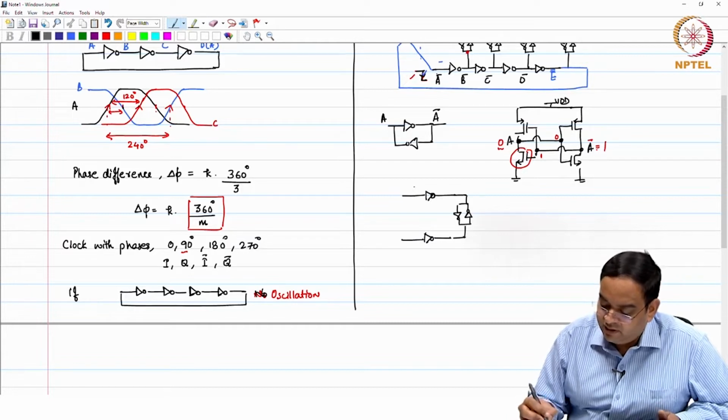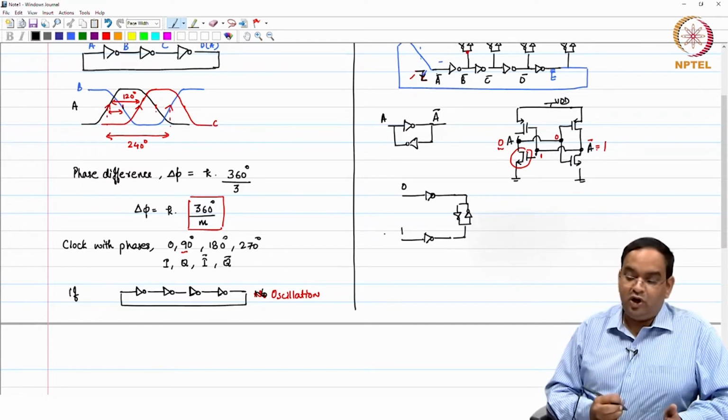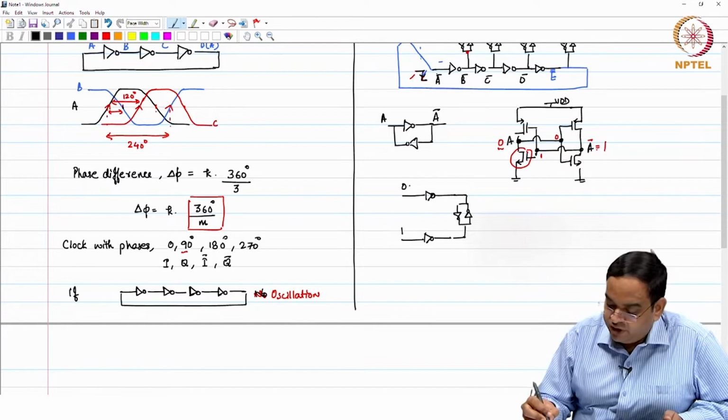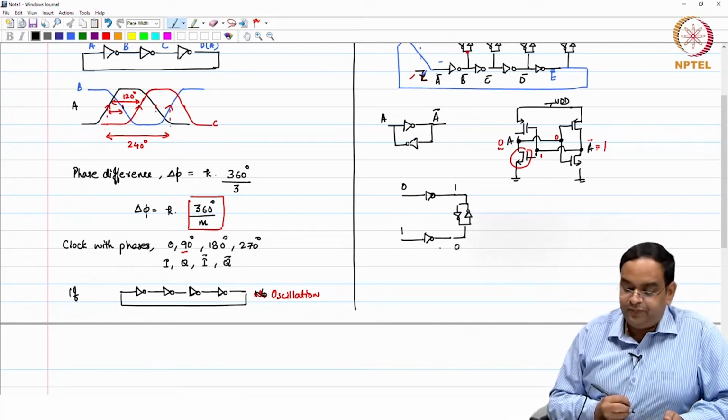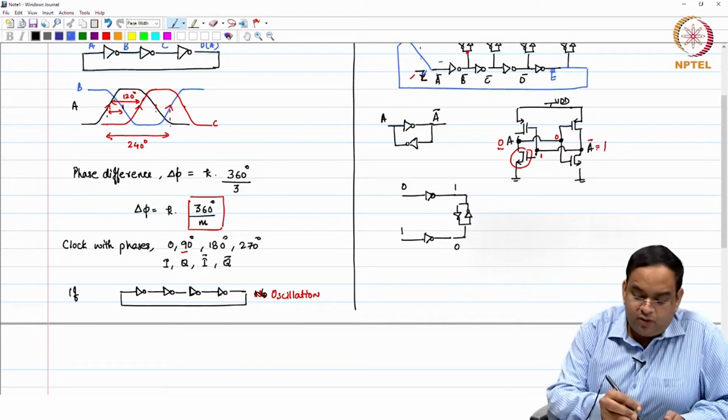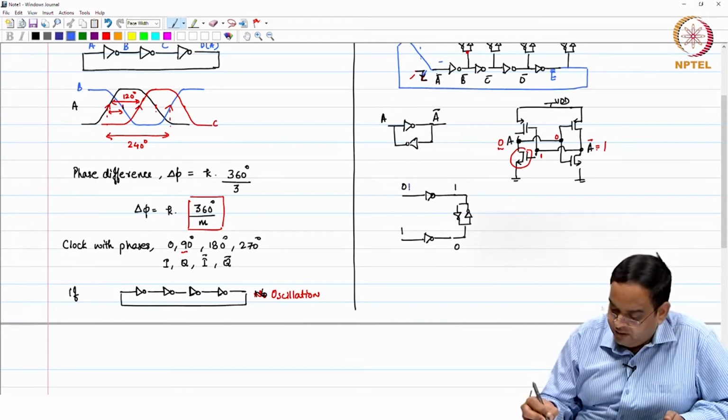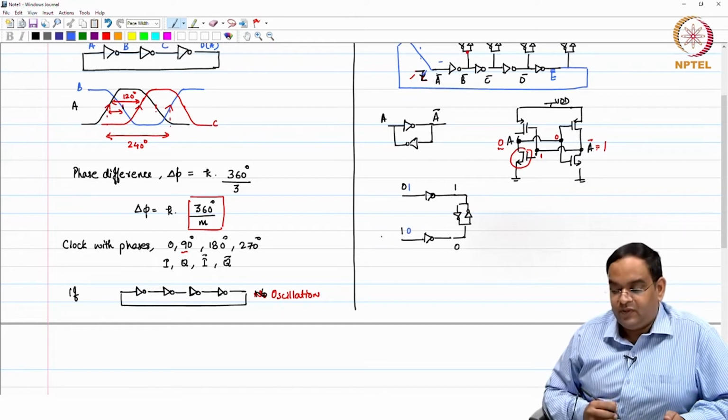So, consider that the first input here, the input is 0 and here the input is 1. 1 is for logic high. If this is 0 and this is 1, then the output of the inverters will be 1 and 0. So, when the 0 becomes 1 and 1 becomes 0, right.